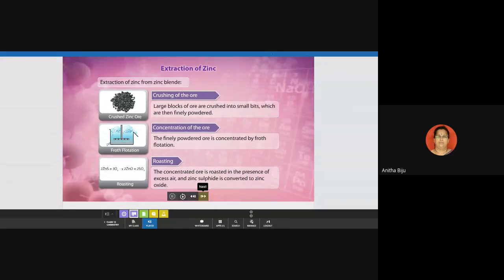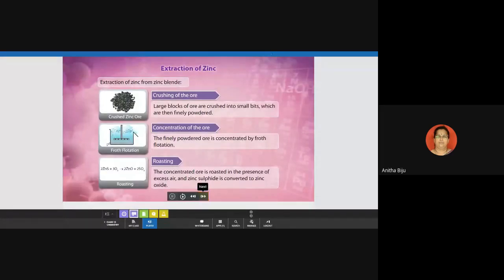And the third stage of extraction is roasting. The concentrated ore is roasted in the presence of an excess amount of air, so we get zinc oxide. The equation you have to remember along with that. Since roasting involves a large amount of oxygen, the process is called oxidation.